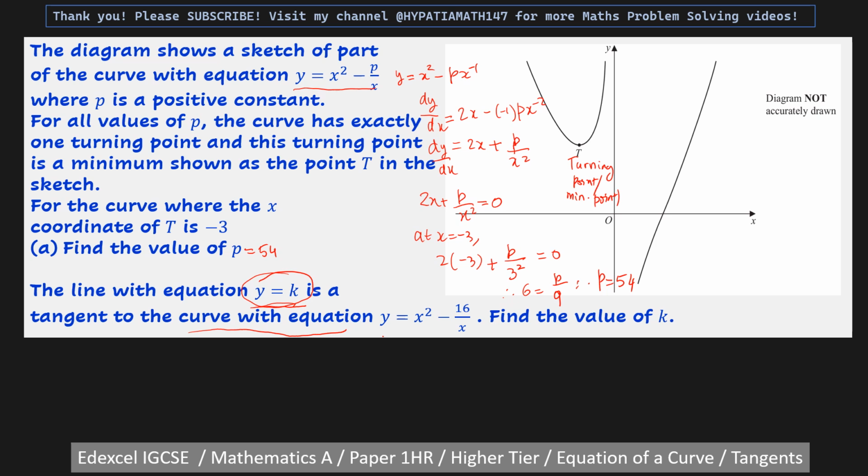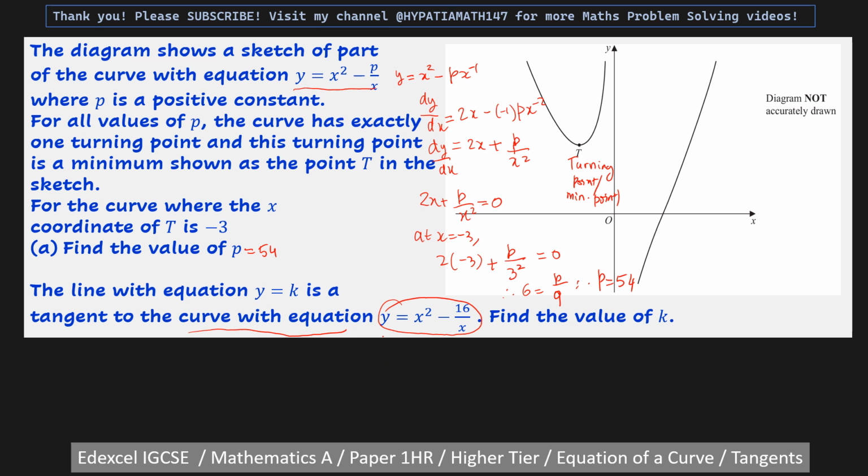There is no x term, so in y equals mx plus c, m is 0, there's no gradient here. So what is happening is when you differentiate, this gradient would match the gradient of the tangent, and that would be 0.